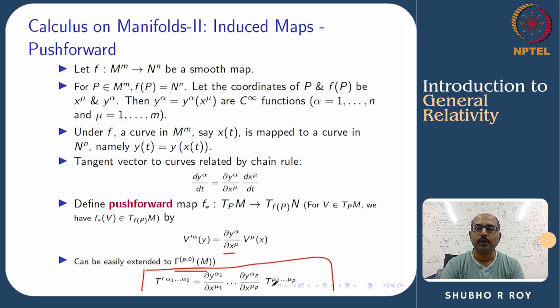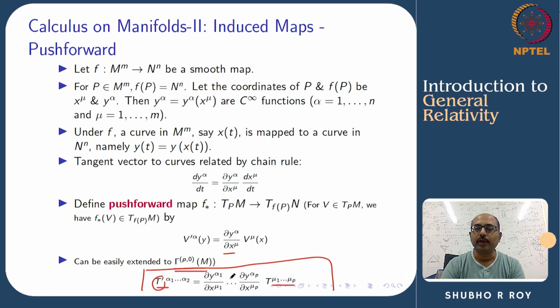All right, so t mu1 to mu p, this is an element of the smooth tensor fields of rank p comma 0 in M at the point p, and then that is mapped to a p comma 0 tensor in N, which is given by t prime, and they're related by this rule with p factors of the Jacobian coming in here.